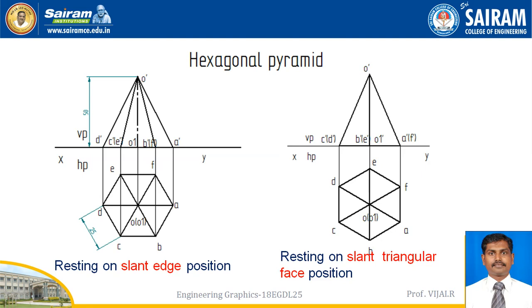This is a prior problem we have seen, but here it is given resting on slant edge. So when it gives slant edge, keep it on a corner point. When it gives slant triangular face, you have to keep it on edge position. I hope you understand. So this is the triangular face and this is the slant edge, so it is going to be resting on AO.